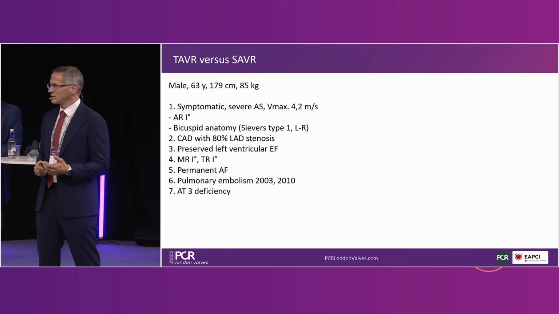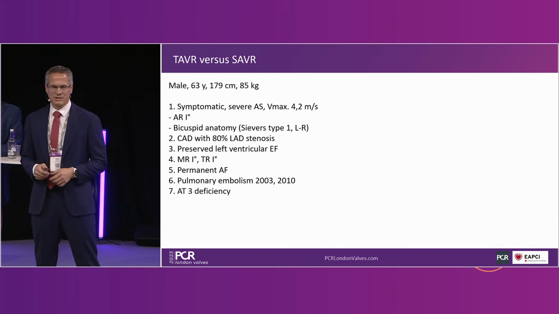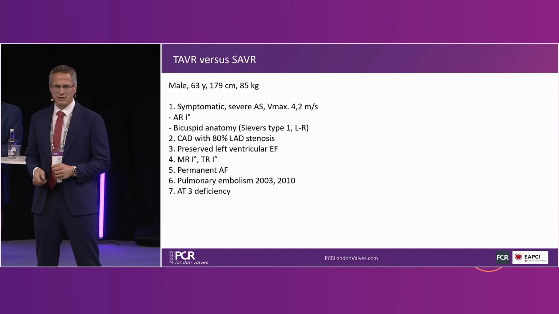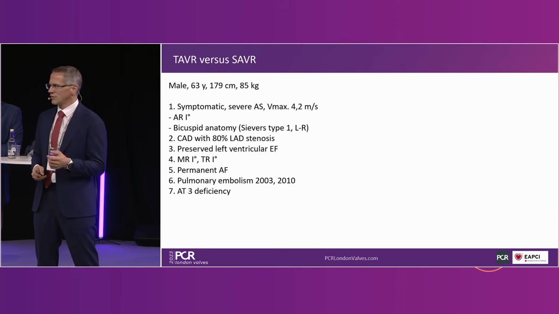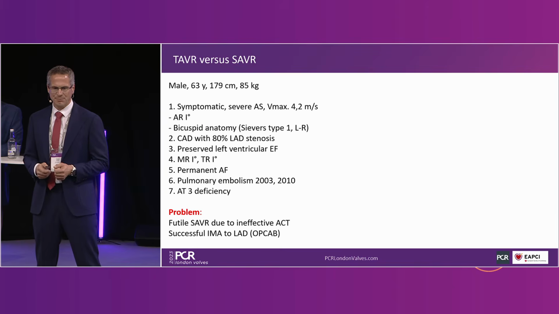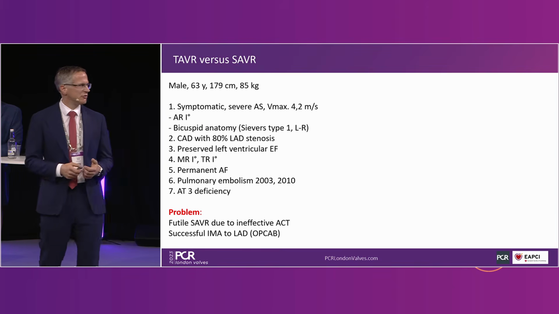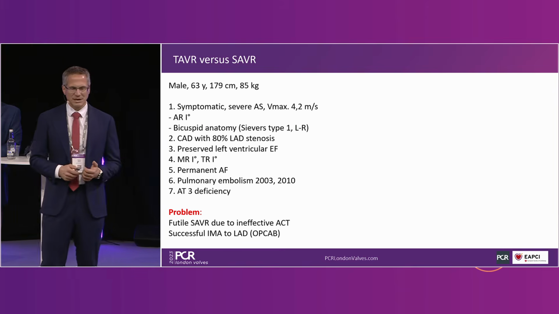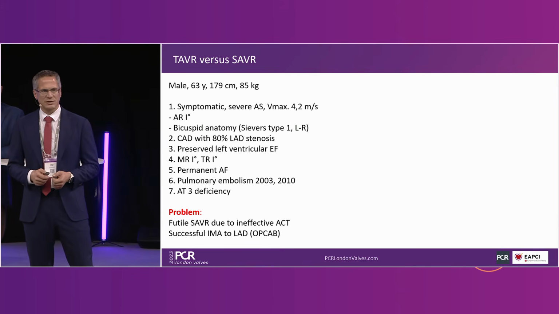It's a male patient, a very young patient, and therefore the heart team at our institution, looking at all these diagnoses and also taking into consideration that he also has coronary artery disease, opted for surgical aortic valve implantation and coronary artery bypass. But there was a problem during the surgical therapy. It was a futile surgical aortic valve replacement due to ineffective ACT.